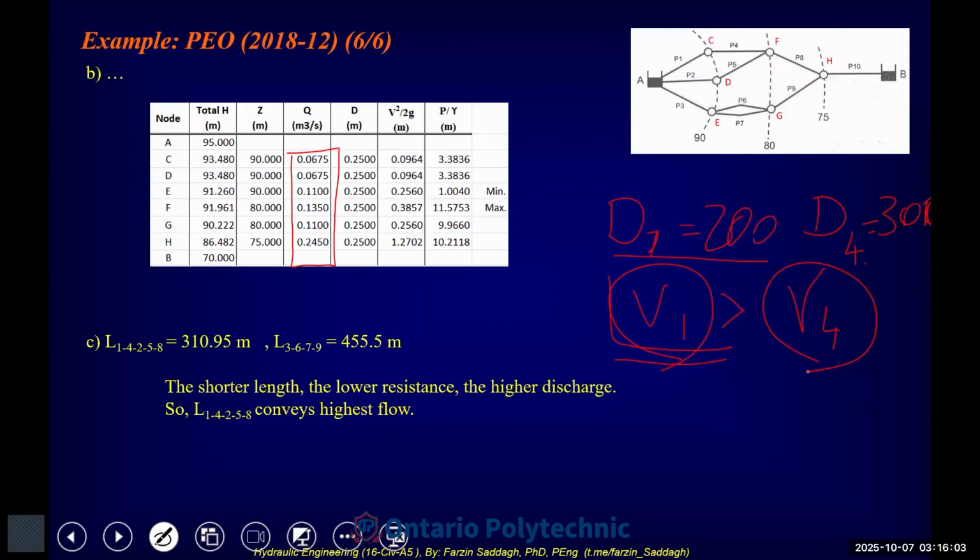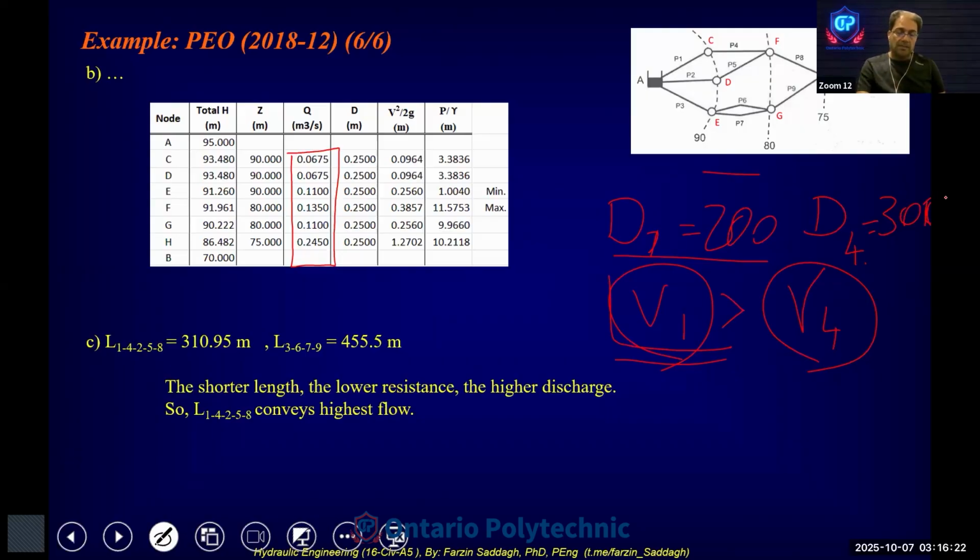We have the same velocity at point C as in P1 because of the flow. Sorry, I'm not talking about this case where the diameters of P1 and P4 are the same. I'm talking about the case with different diameters. When we have different diameters, we have different velocities.